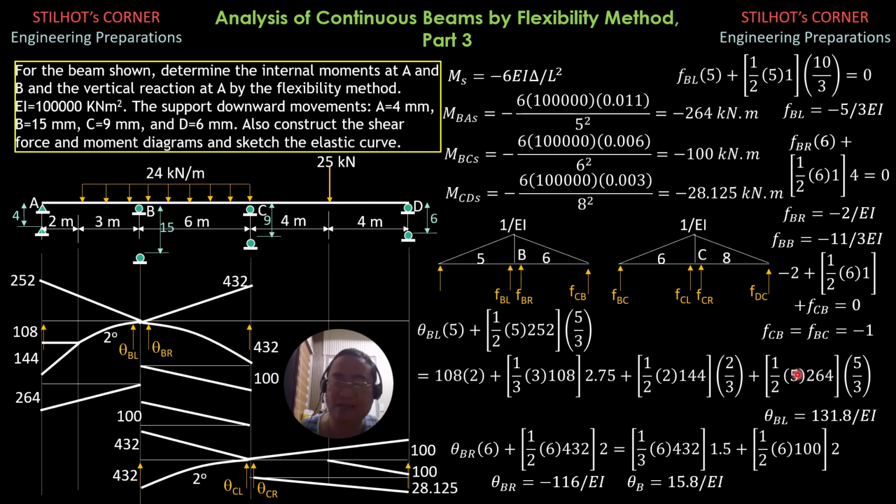Then we take note of these values. Let's take note that FBB is negative 11 over 3, then FCB, FBC negative 1, theta B 15.8 over EI. So let's have them on the next slide.